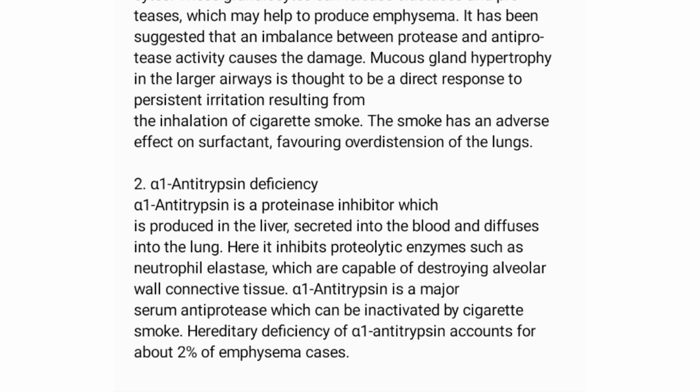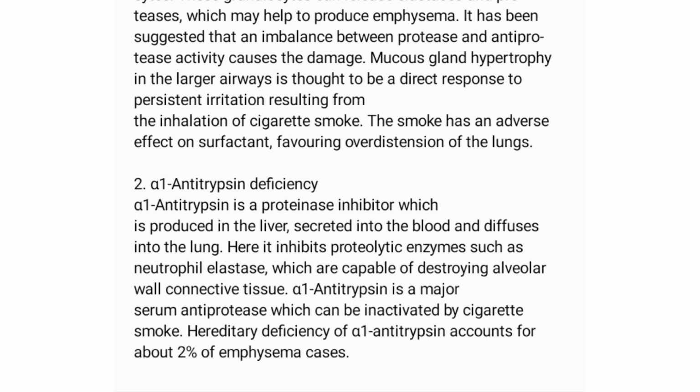Okay. Then in terms of alpha-1 antitrypsin deficiency, alpha-1 antitrypsin is a proteinase inhibitor which is produced in the liver, secreted into the blood and diffuses into the lungs. Here it inhibits proteolytic enzymes such as neutrophil elastase, which are capable of destroying alveolar or connective tissue.